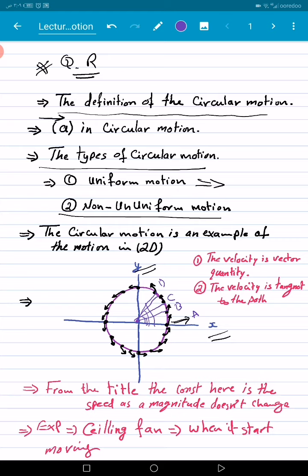where is the velocity? The velocity is always tangent to the path. Here it's moving up, so is it in x or in y? Here, it is in y, so that means in j.